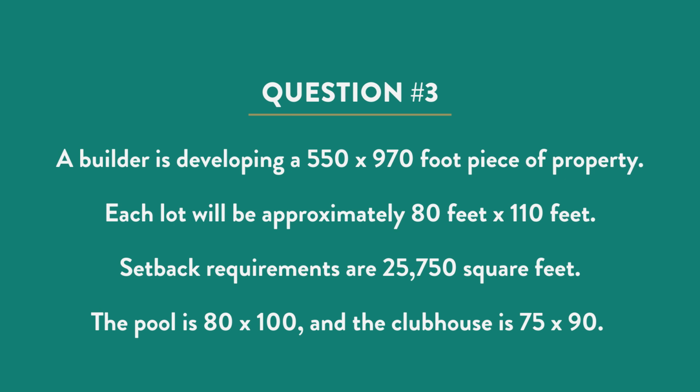Also, they have to account for a pool, which is going to be 80 by 100 feet. And then finally, they need to allocate space for the clubhouse, and the clubhouse is 75 by 90. So if each lot sells for $12,000, what will be the full amount realized by the builder?